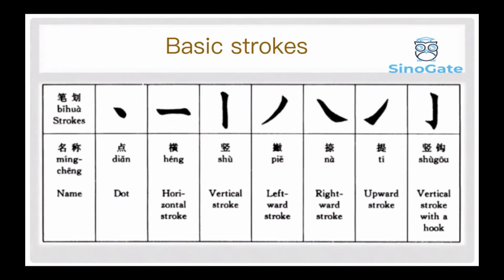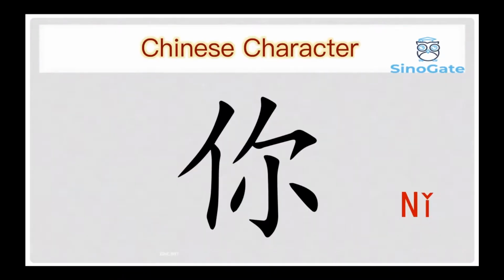And here, let's try to write a Chinese character together. This one, 你. 你 means you. So this character, how do we write it? Using the basic strokes. Always start from left to right, upside going down.